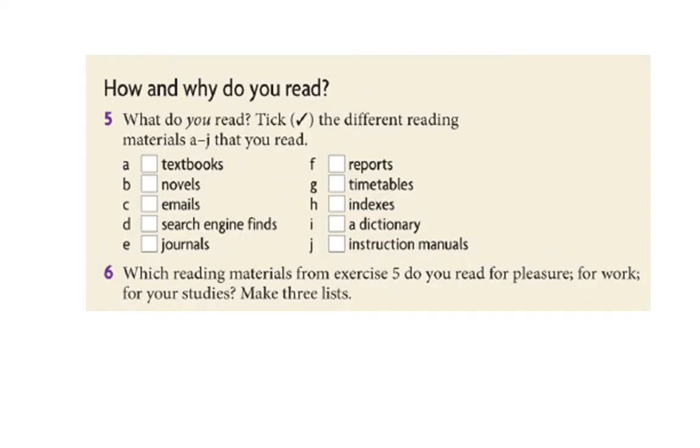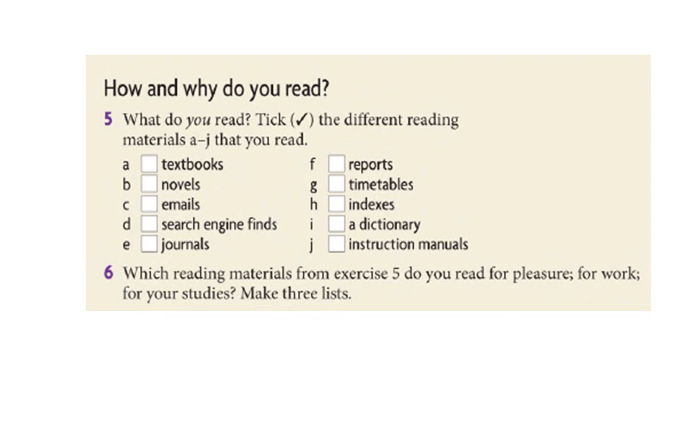Now we are going to the last part in this lecture, and it's about how and why do you read. What do you read? Take the different reading materials from A to J that you read. Textbooks means the books that are used in the academic courses. Novels are very long stories. Emails mean electronic mails or electronic letters.